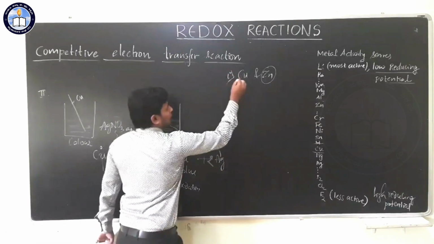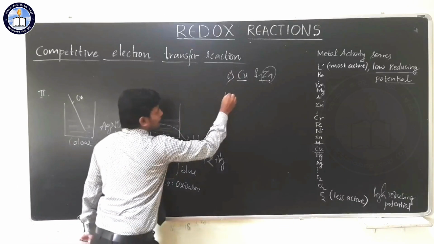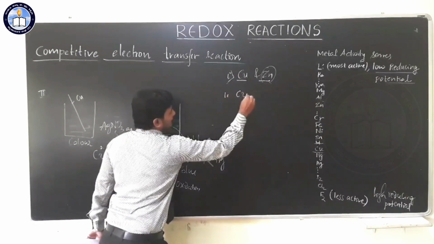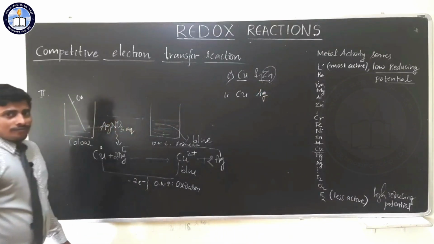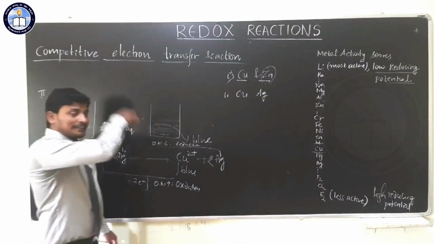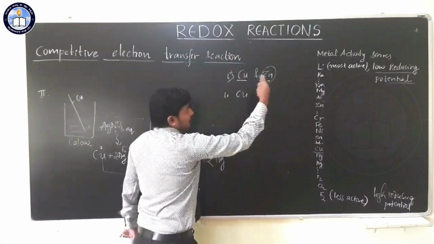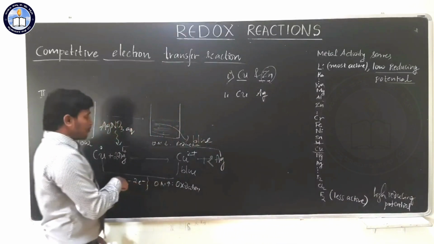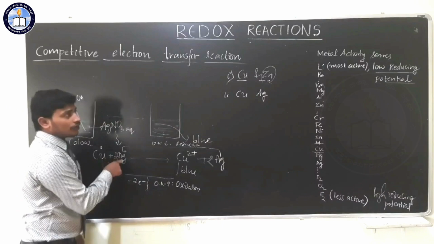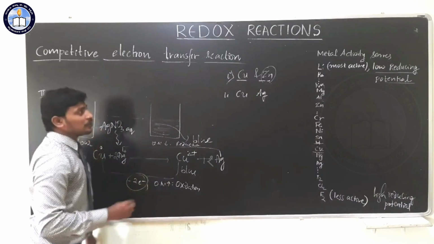First we compare copper and zinc. Next we compare copper and silver. That time zinc was the one which was ready to give electrons easily, but this time when we compare copper and silver, copper is the one which is ready to lose electrons.